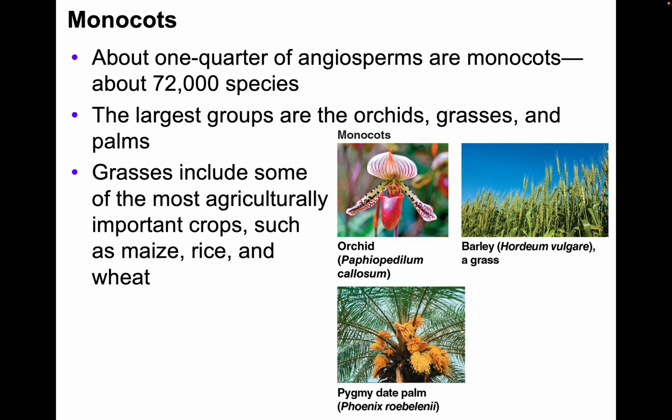Not largest in numbers found on Earth, but in diversity are these orchids. And then we have all the grasses. The cereal grains are in this category of grasses and are obviously very, thinking of the word cereal grain, very important crops.